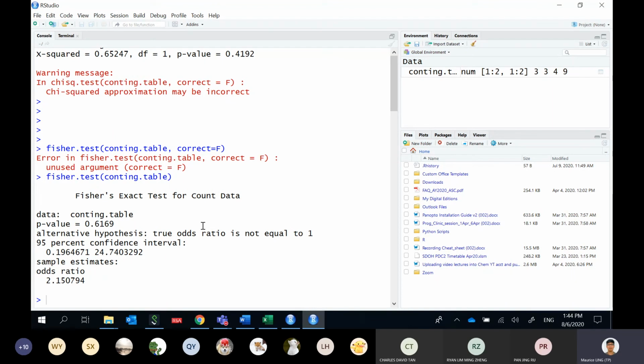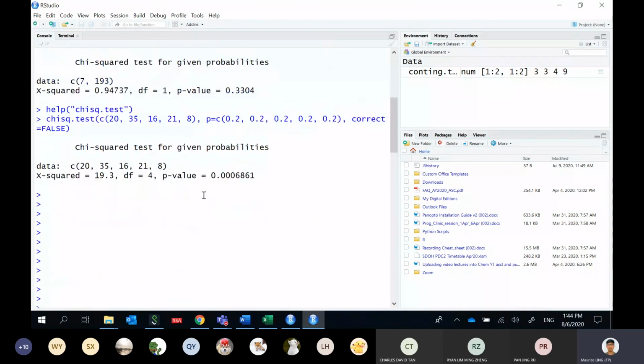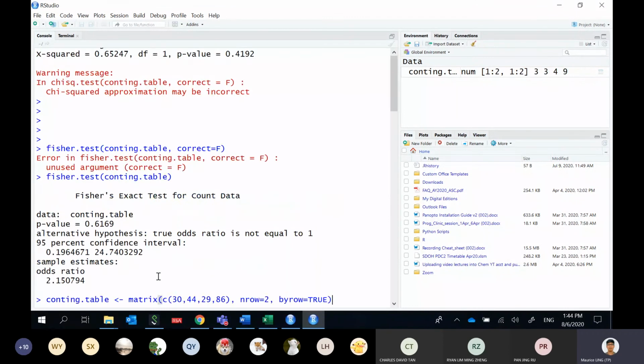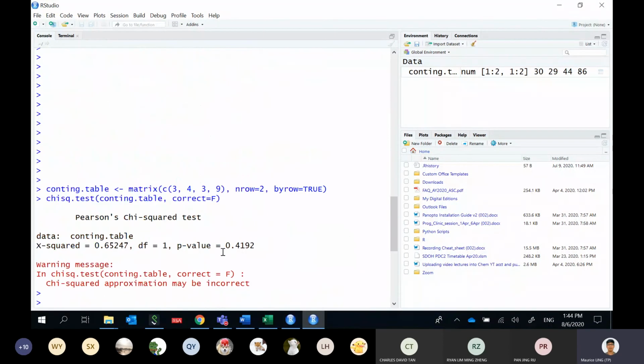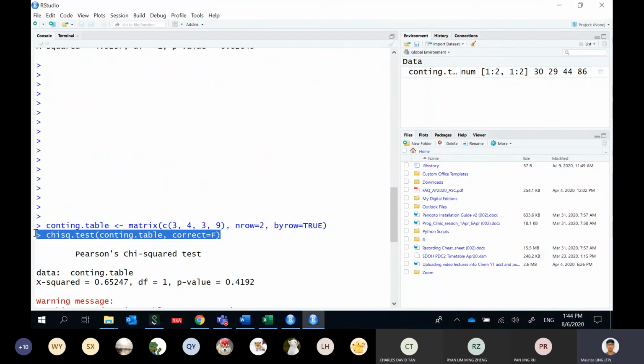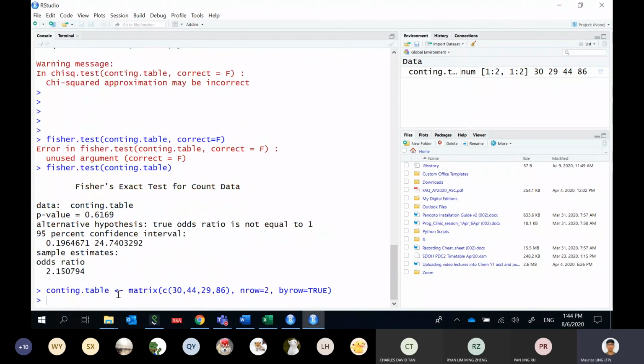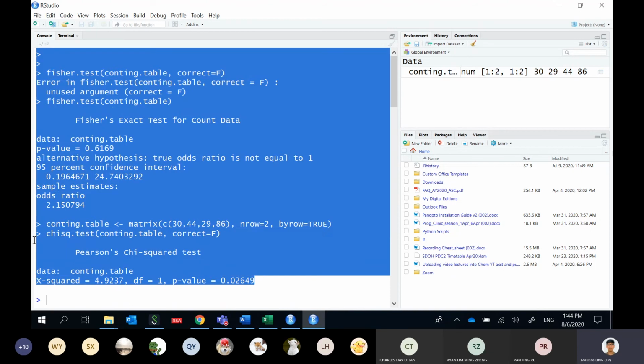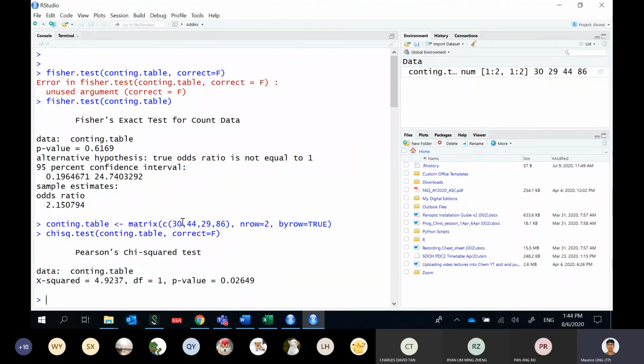Now, my next question is, is there a problem with using Fisher exact test when chi-square can be used? Let's go back to this thing again. Let's say I did a chi-square test for this data that I have. So it's 30, 44, 29, and 86.